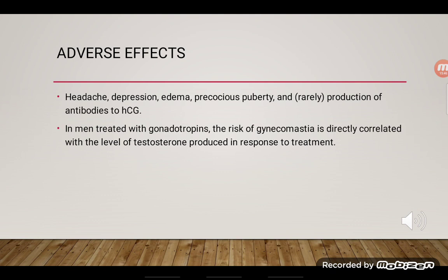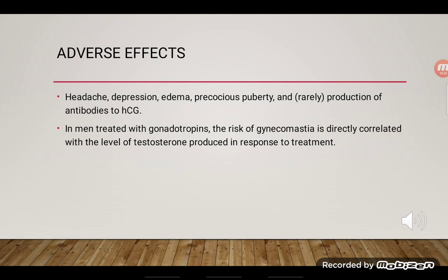In terms of side effects, these are some of the side effects reported with the use of these hormones, and they include headache, depression, edema, precocious puberty sometimes, and very rarely, production of autoantibodies against HCG. Gynecomastia can also happen, but this is related to the level of testosterone produced in response to treatment.